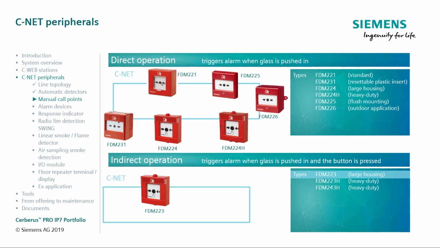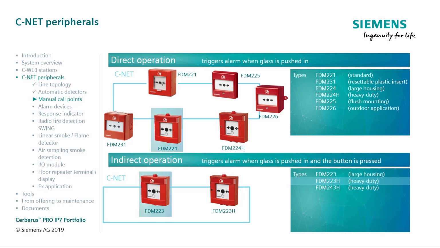The manual call point in a large housing has a built-in alarm indicator, but it can also use an external one. It is available in different colors. The manual call point in a heavy-duty housing for industrial applications can be used with either a built-in alarm indicator or an external one.